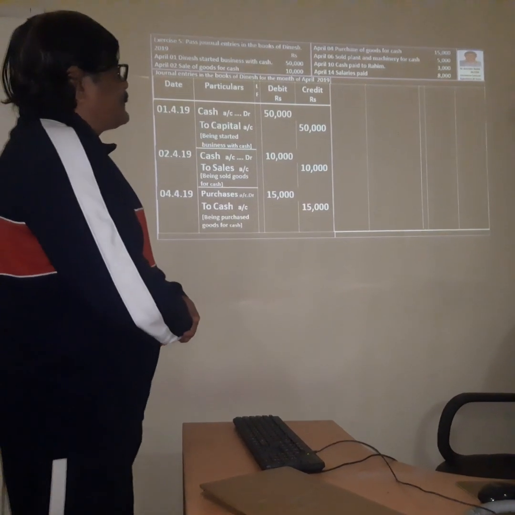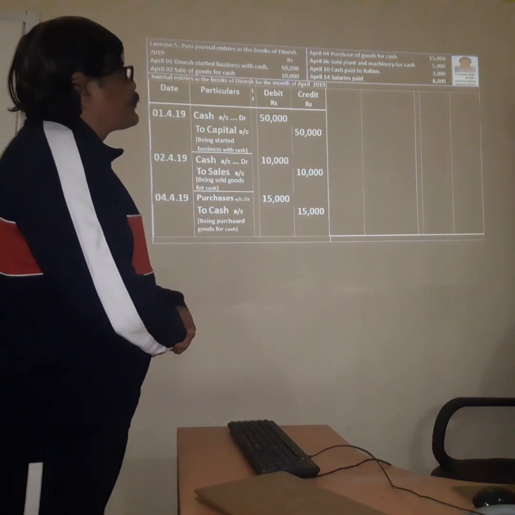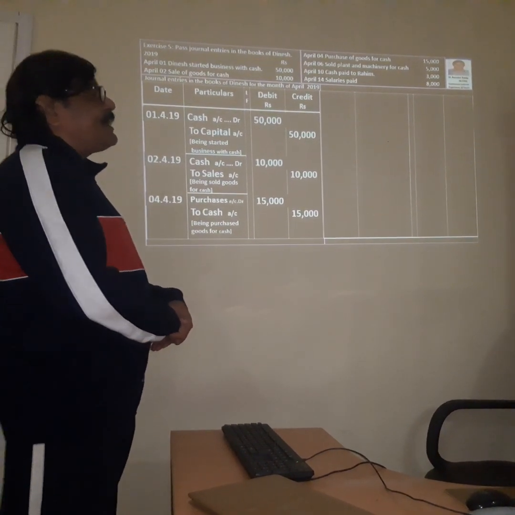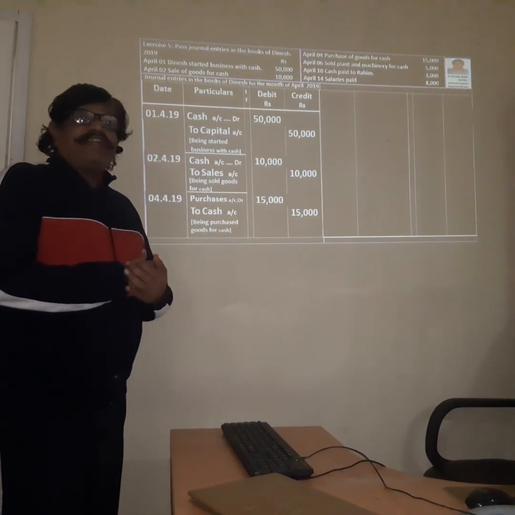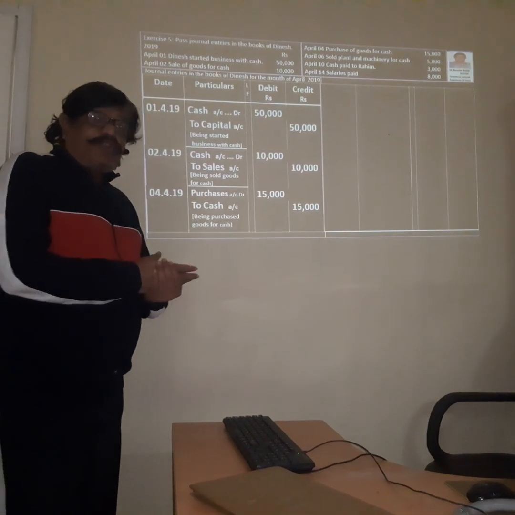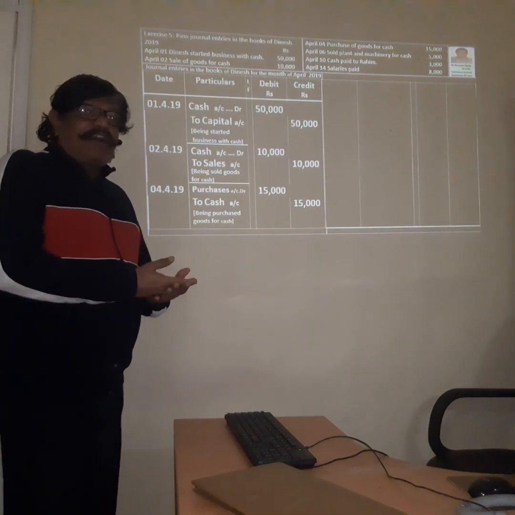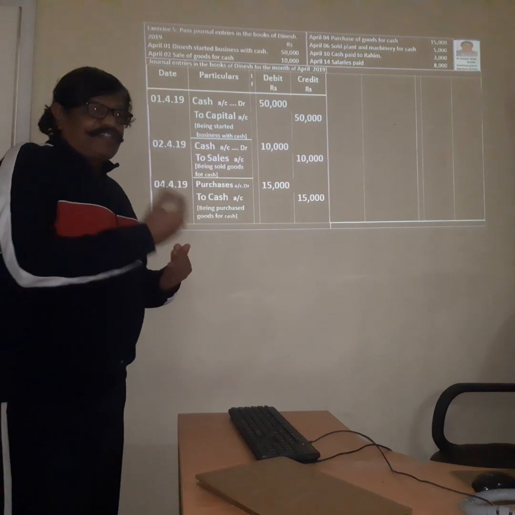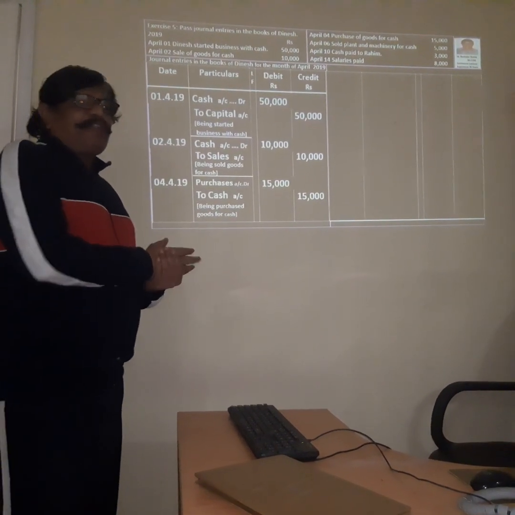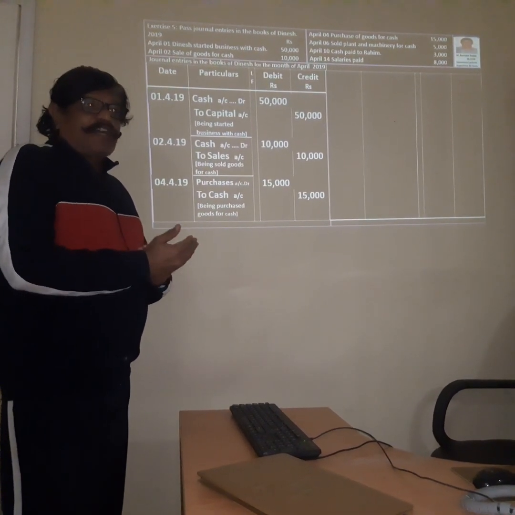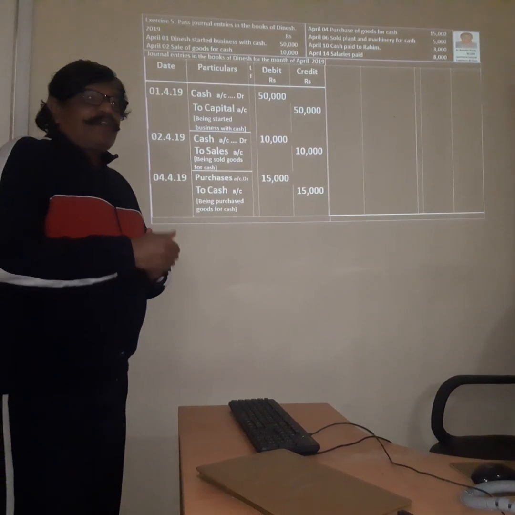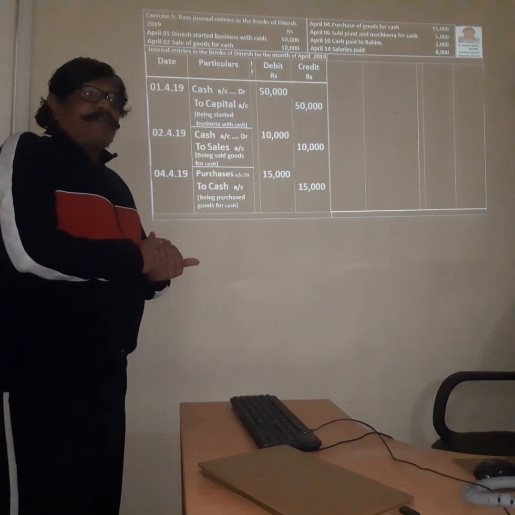Now the next entry is April 6th: sold plant and machinery for cash. You are selling plant and machinery, so machinery is going out. One asset is going out and the other asset is coming in. One fixed asset is going out and a current asset is coming in. Cash is coming in. So debit what comes in, credit what goes out. Machinery is going out, cash is coming in.